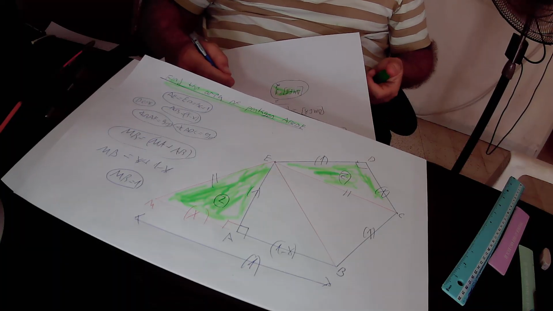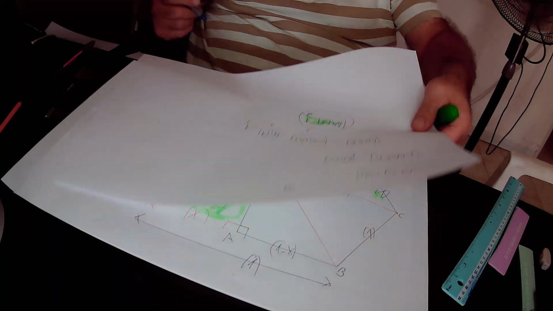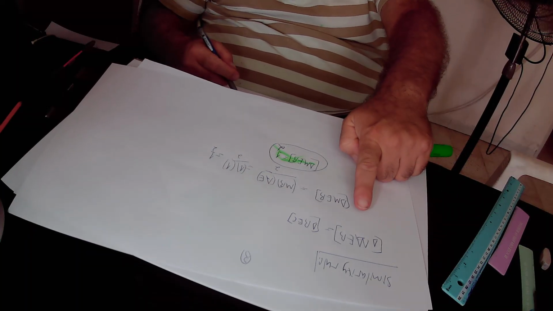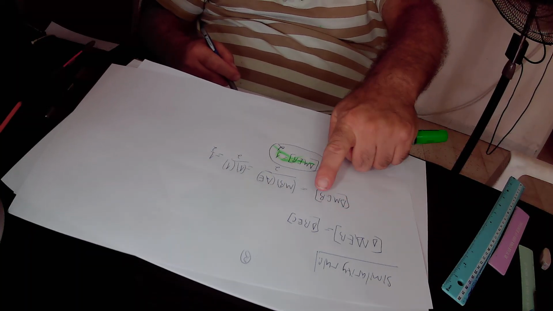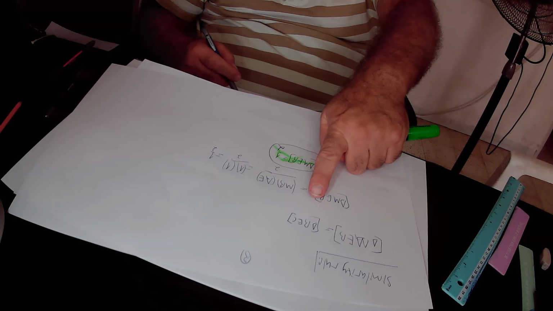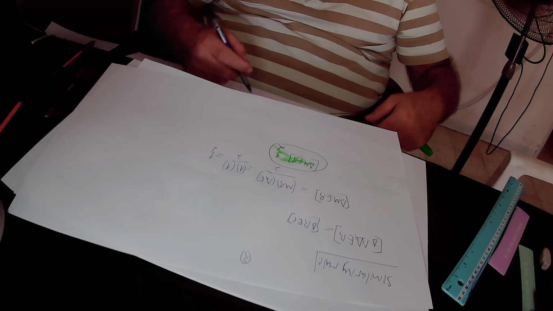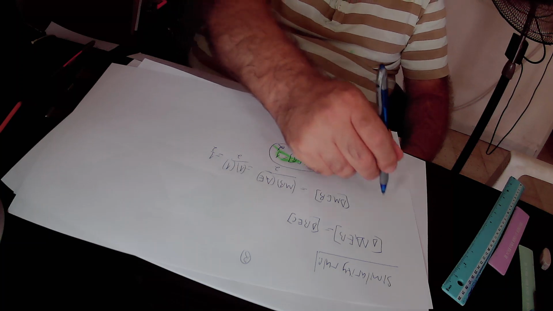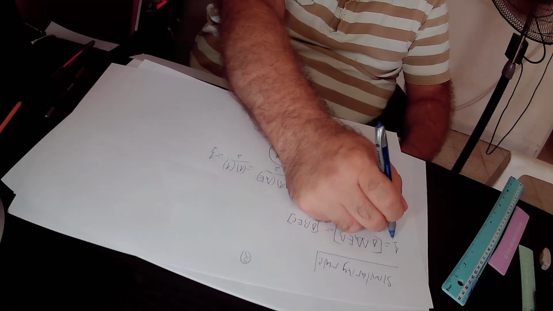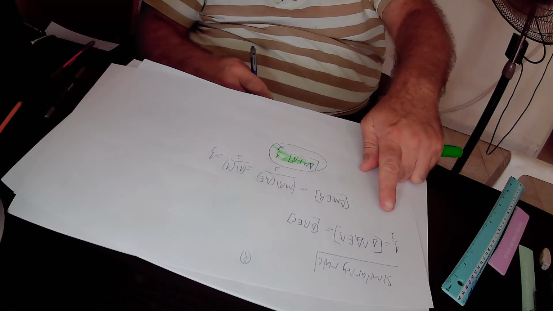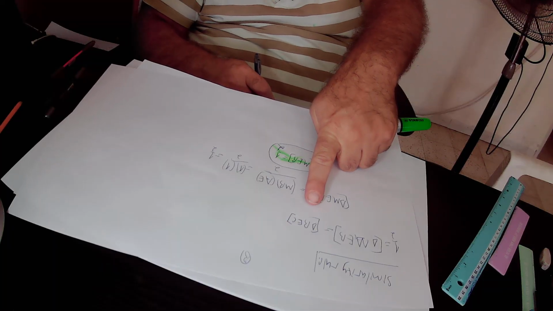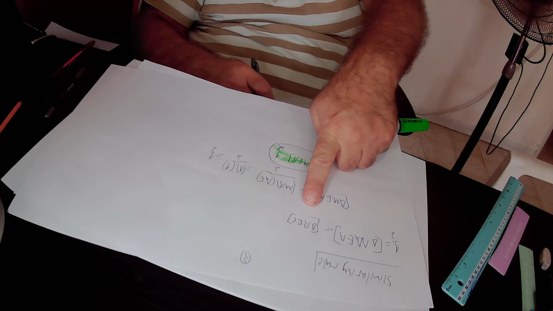So in its size, we found out that the area of triangle MEB equals the area of triangle BEC, and it equals 1 half. With the equation you get that the area of triangle BEC also equals 1 half.